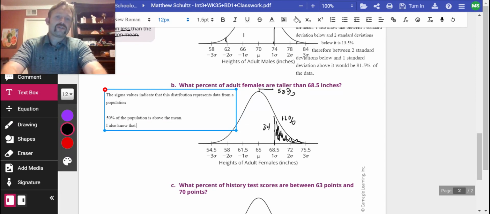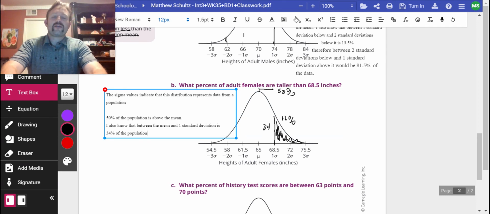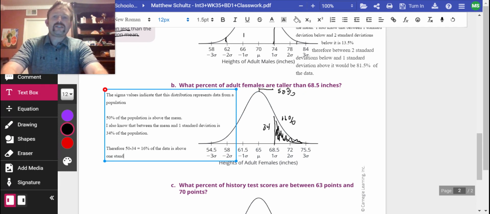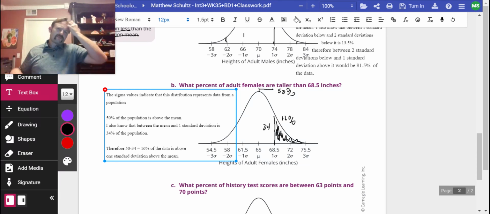Also know that between the mean and 1 standard deviation is 34% of the population. Therefore, 50 minus 34 would equal 16% of the population. 16% of the data is above 1 standard deviation above the mean. There you go. Let's go on.